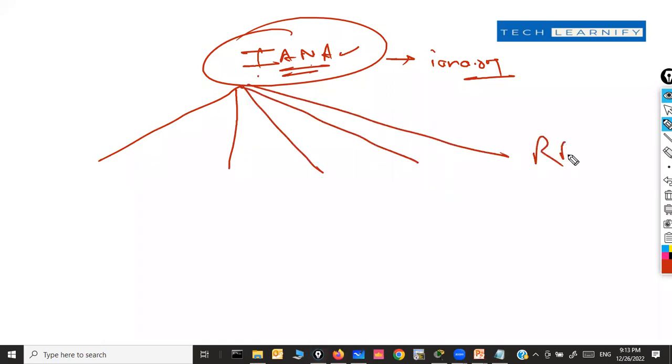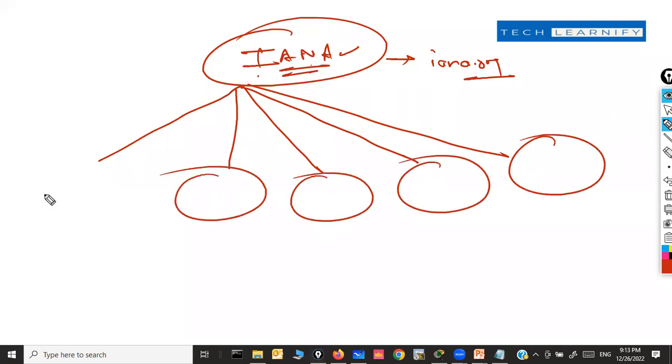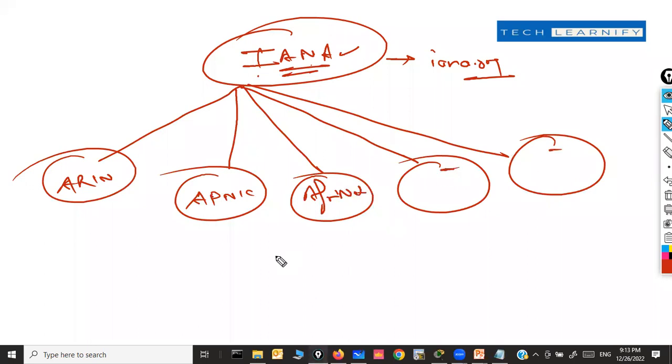These are known as RIRs, regional internet registries. There are 5, for big regions. For the Asia region, there is APNIC. ARIN is for the American region, AfriNIC is for Africa, and there are others for Europe and Australia.